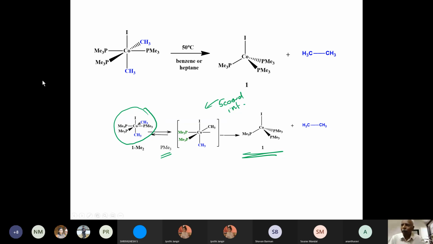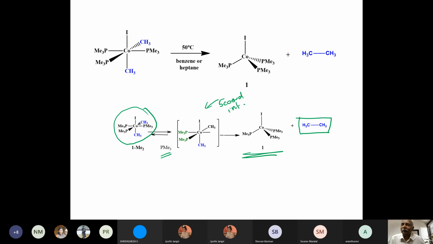I want to ask you, how many of you would think that this reaction requires elimination of PMe3 before ethane extrusion? We can just have a show of hands. We don't have to do a poll. In fact, I have a poll, but I'm not going to give you the poll.